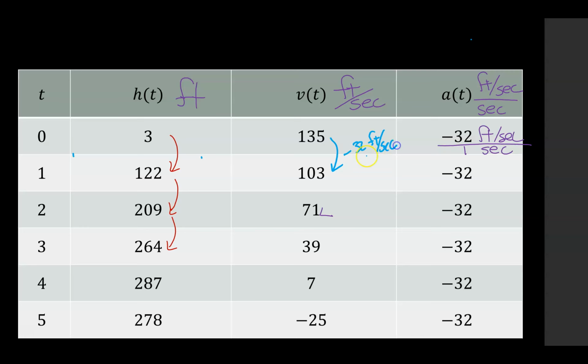Okay, and how many seconds did that take? Well, it took 1 second, which is why we get this unit 32 feet per second per second. And I like that better than 32 feet per second squared, which is fine, but I think it hides a little bit of meaning, as in, how much did the velocity change? Well, that was a change in velocity of negative 32 feet per second of velocity, and a change in time of +1 second.